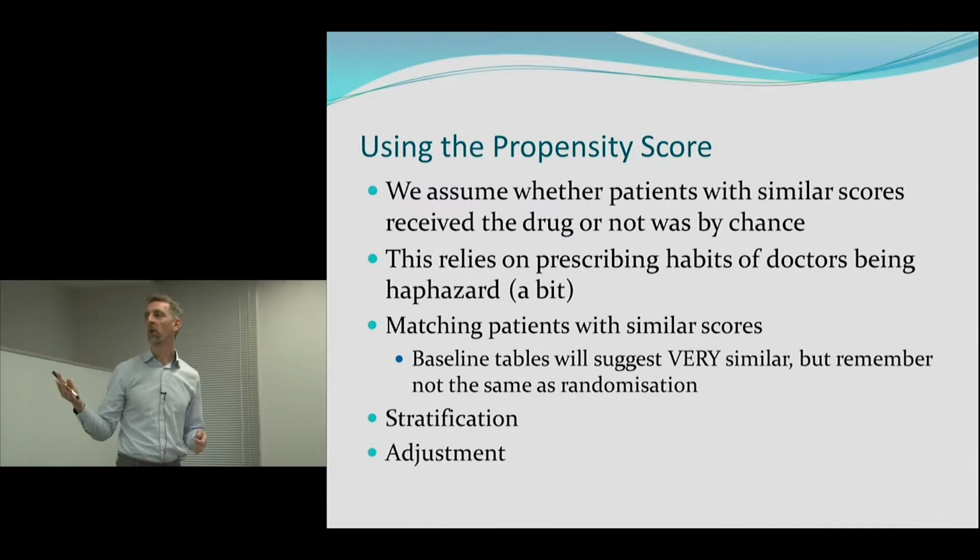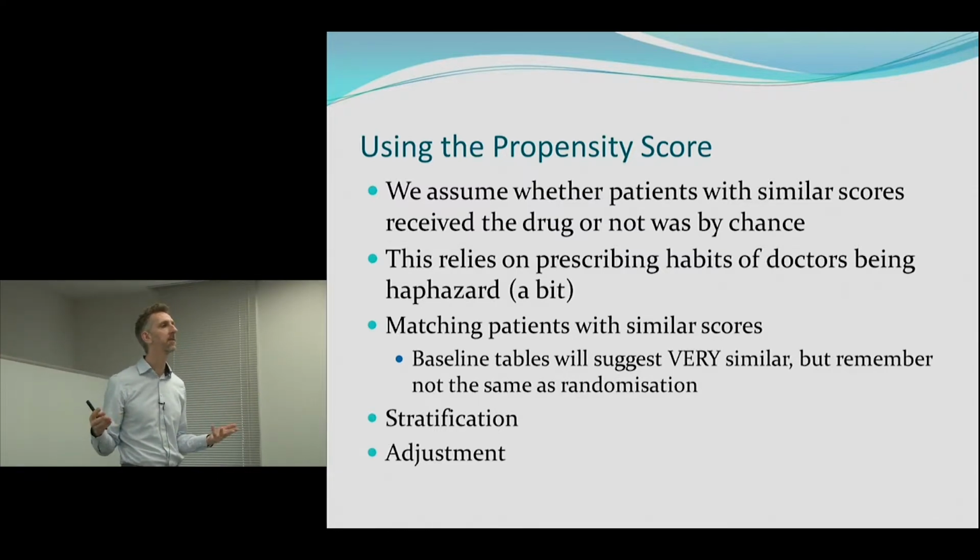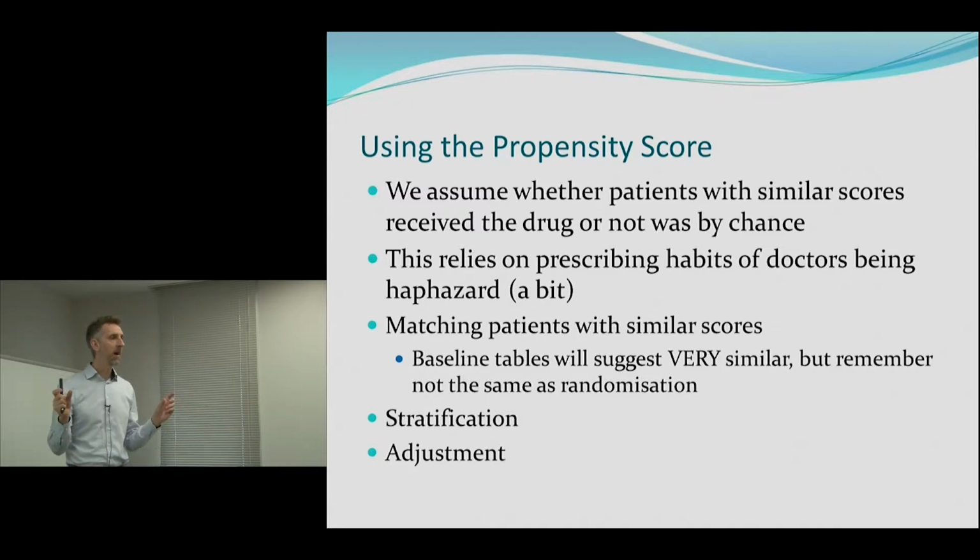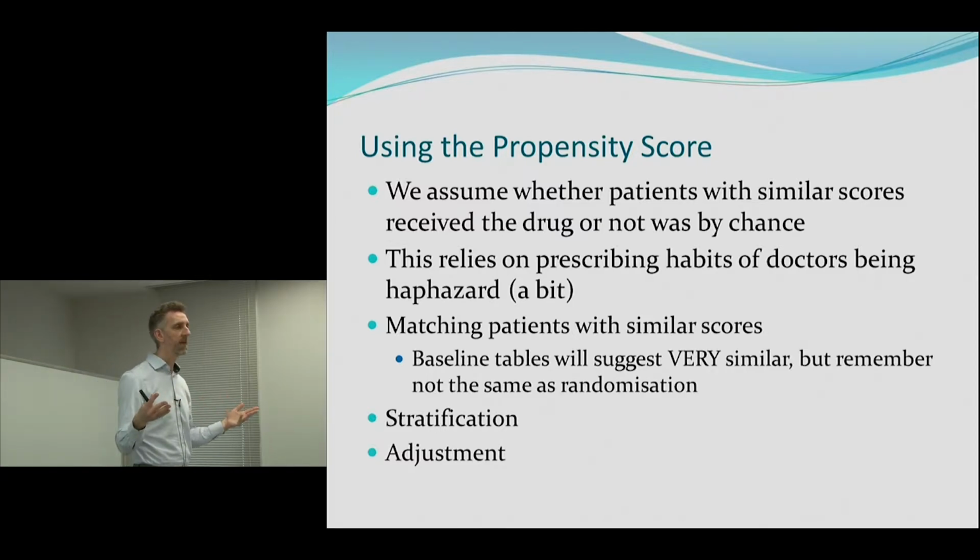And potentially there are one of three major things that we can do. We could match patients who've got very similar scores to each other. So for every statin user, I could match them with a non-statin user with a very similar score. What happens if I can do that? It means that my baseline table of the exposed and the unexposed will look very, very similar.